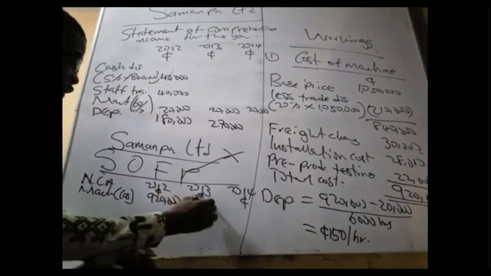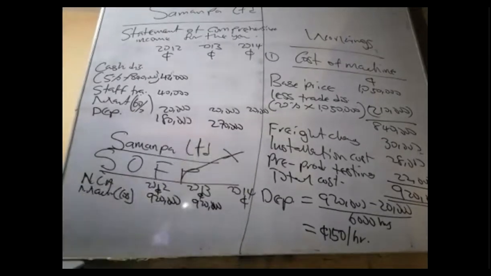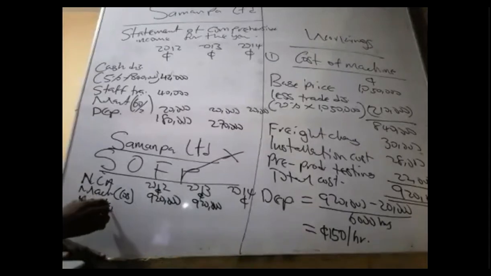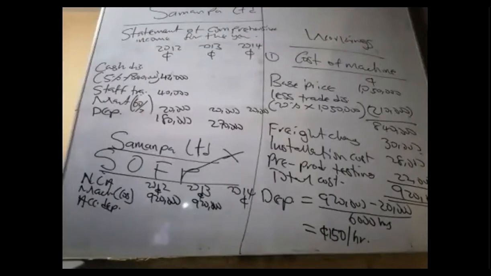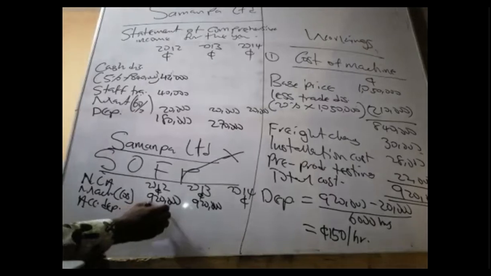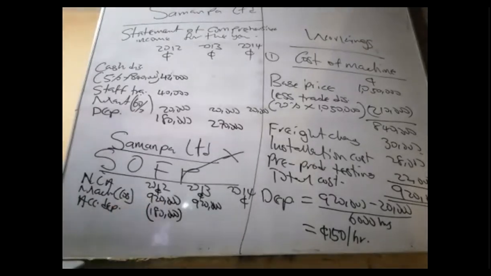So 920,000. When you get here, relax, don't write anything there because there are some adjustments. So even if you cannot do the adjustment, not the first 3 years. Have you seen? Not the first 3 years. So take note. Accumulated depreciation. The depreciation charge is 180,000.